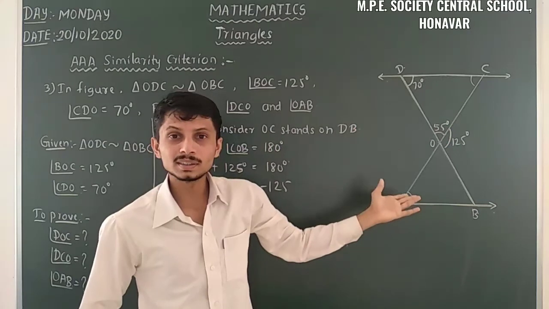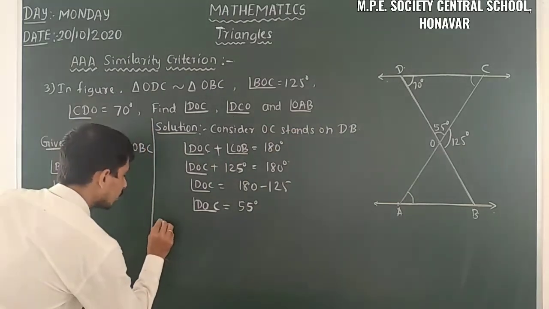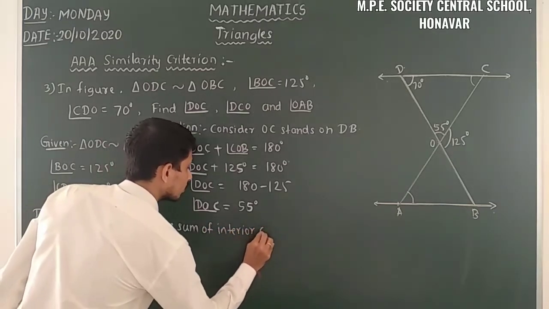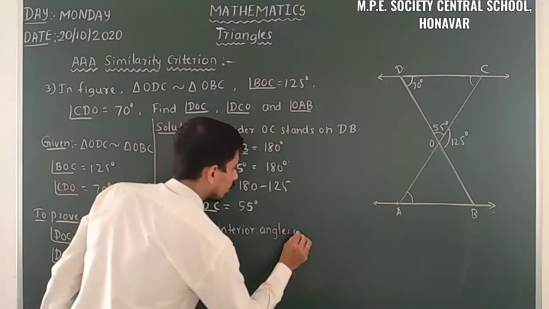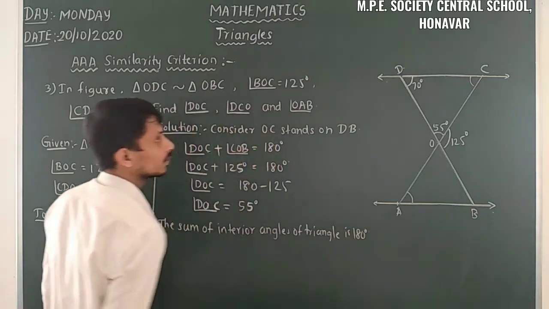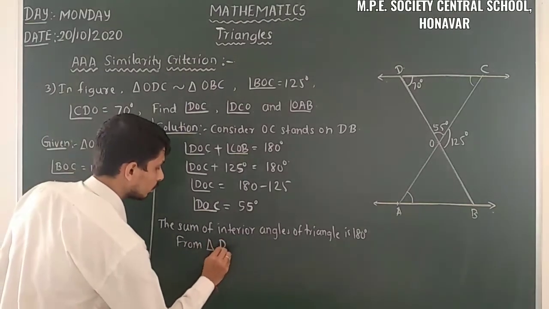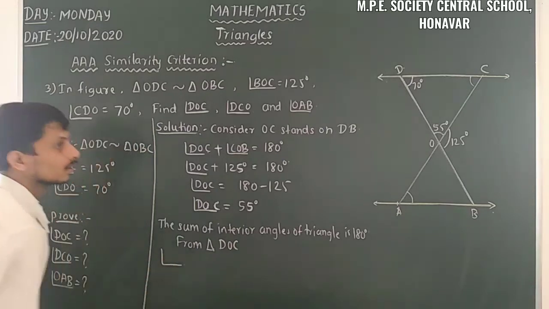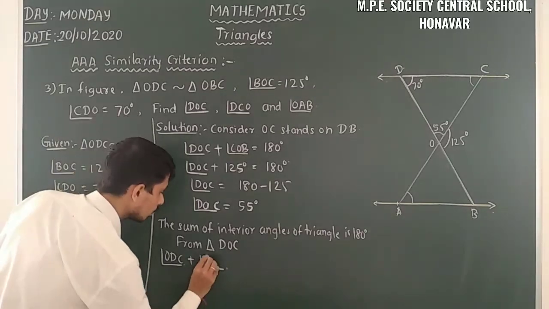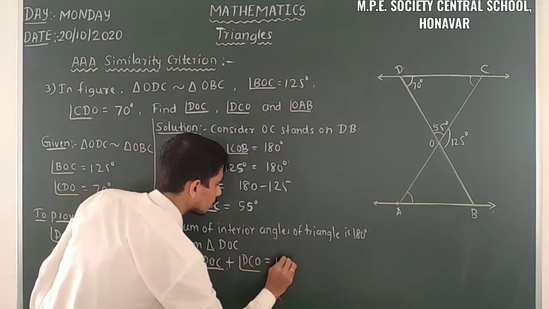We know that the sum of the interior angles of a triangle is 180 degrees, and we can always use that. So from triangle DOC, we have angle ODC plus angle DOC plus angle DCO is equal to 180 degrees.